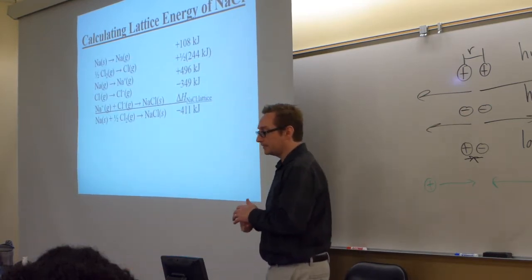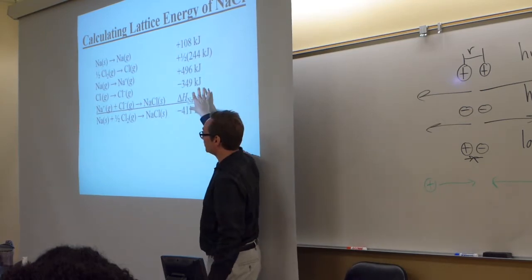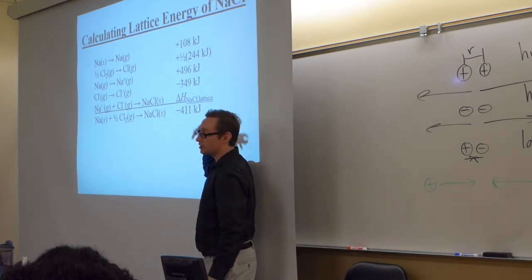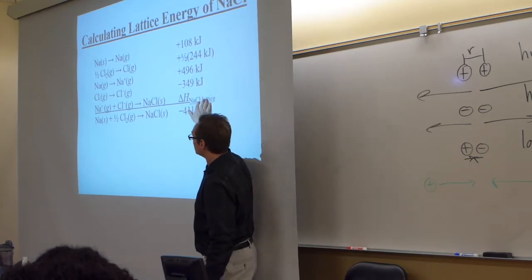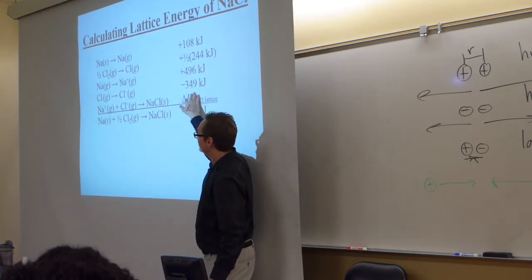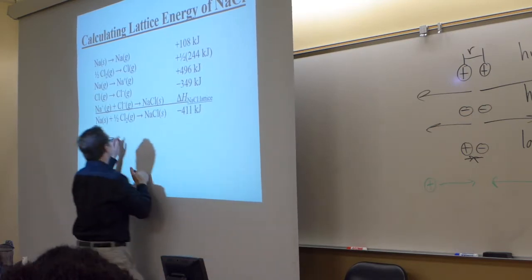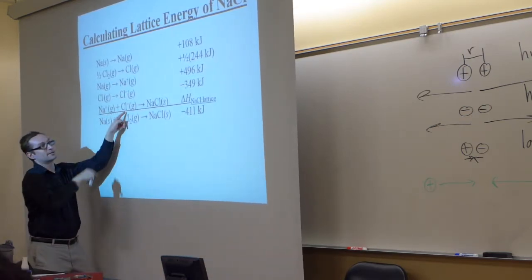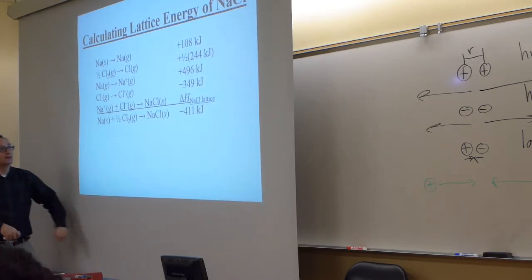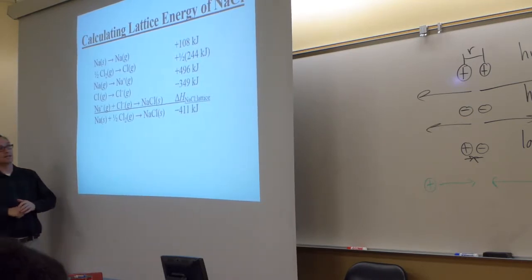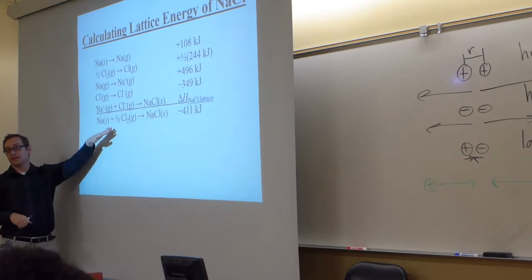So what if you were given all these reactions for the Born-Haber cycle for sodium chloride, and it was asking what is the lattice energy of these two ions coming together and forming a crystal lattice? What is this enthalpy? Okay, and so this is a showing of Hess's law, right?